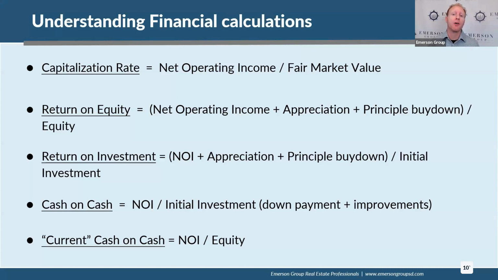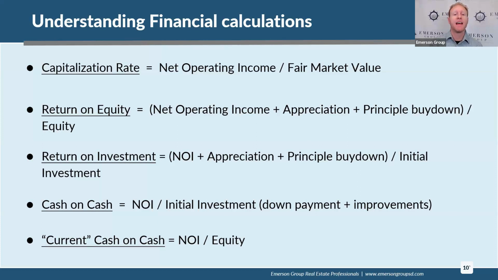Now, this is way more comprehensive to understand the performance of your money and your equity, right? How's it working for you? So we have the net operating income, any appreciation for that year, and the principal buy down. So one thing I want to point out is, well, how am I going to know what appreciation or buy down? Yeah, you're not at the beginning of the year. So understand the return on equity is looking back, right?